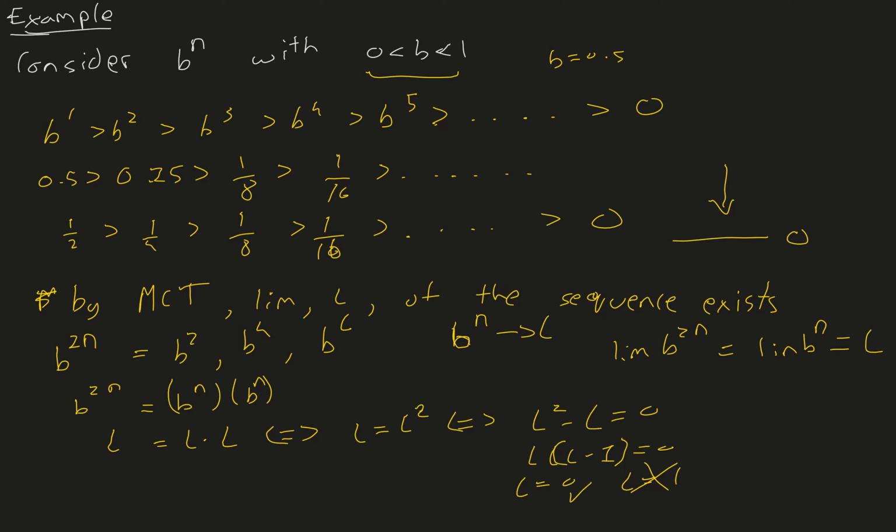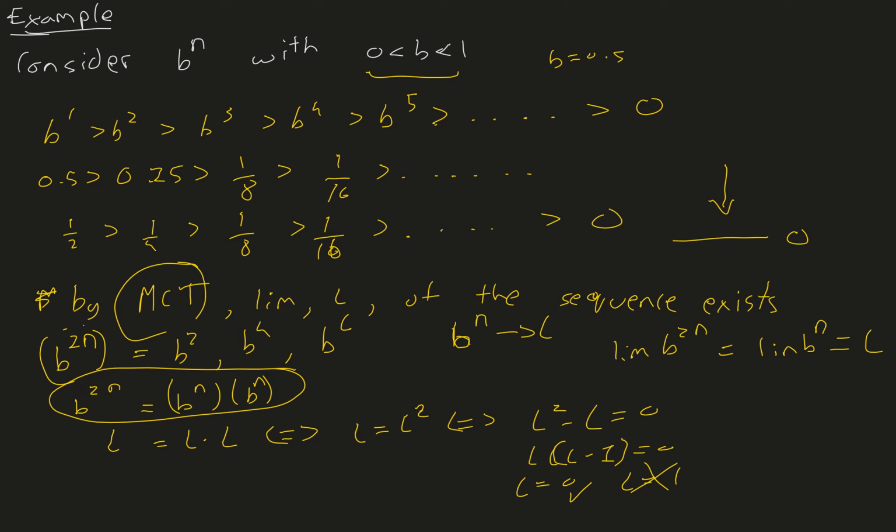If you have noticed, in this example I'm pulling from a lot of different parts of the course. I'm using the monotone convergence theorem, the subsequence theorem, and the algebraic limit theorem to show that the limit of the sequence B^n, where B is between 0 and 1, is always equal to 0.